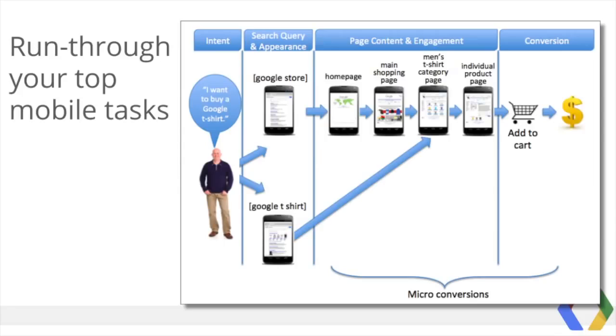Then he's taken to his region's main shopping page, where he may select the wearables category with the subcategory men's t-shirts. Once at the men's t-shirt category page, hopefully Tom will click through to an individual product page where he can add to cart and eventually get to the conversion stage and make a purchase. By the end, Tom has both completed his task and helped our business.